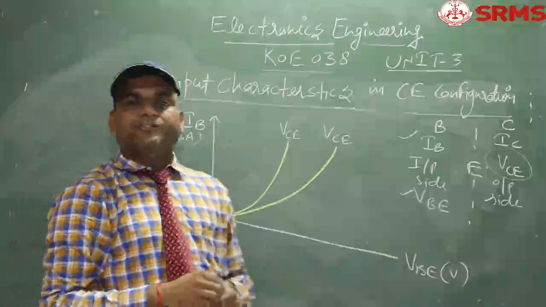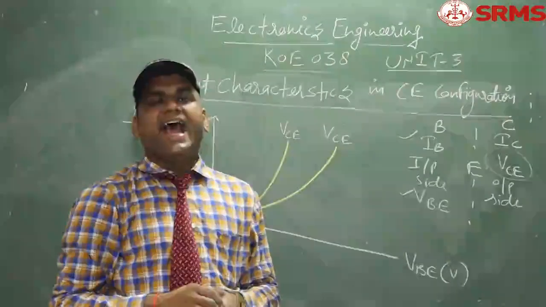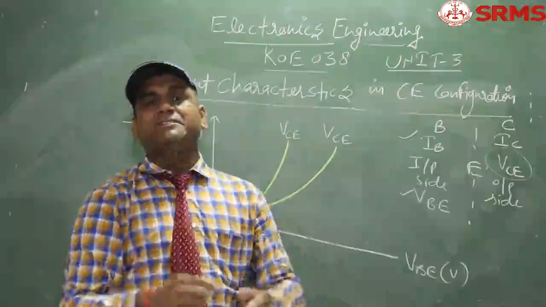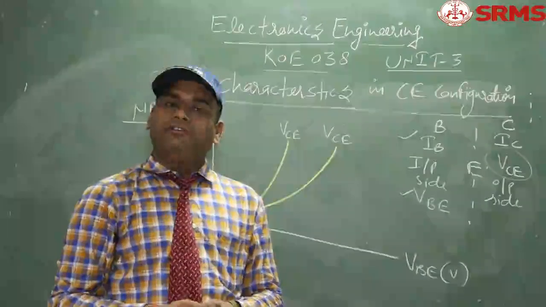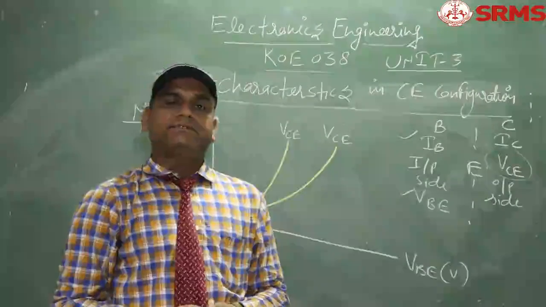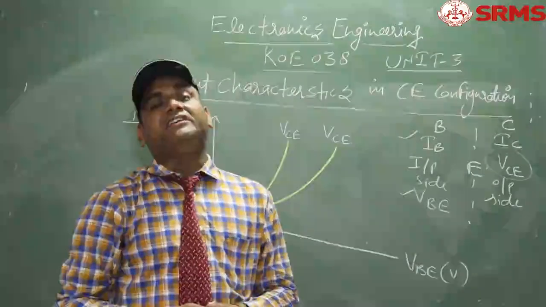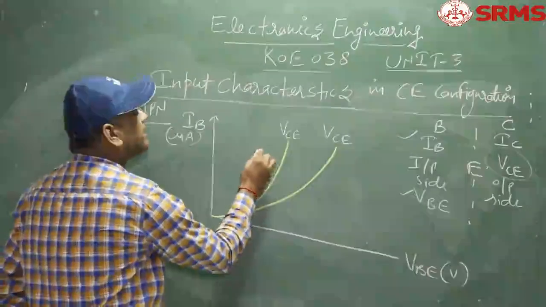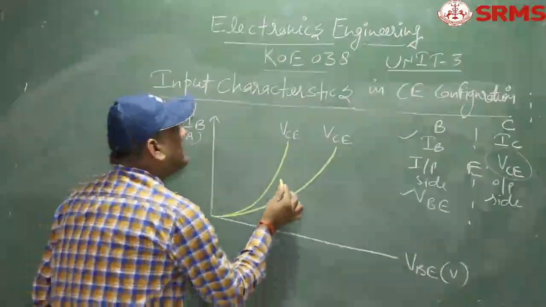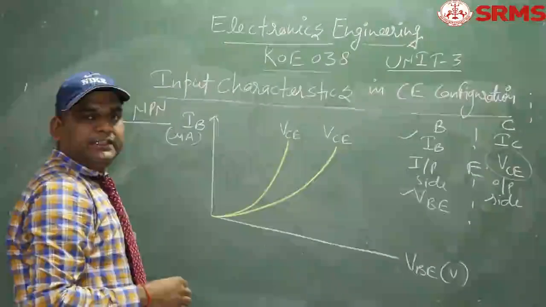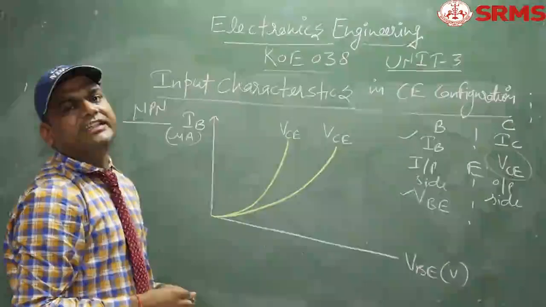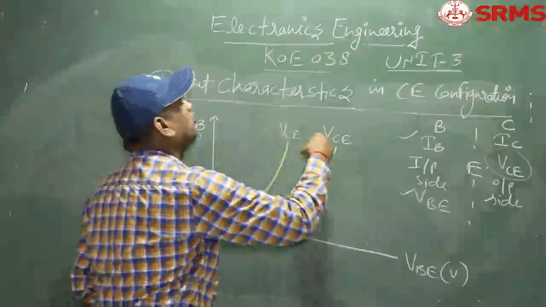The current is allowed to flow whenever the voltage applied at the input terminal, that means base terminal, is greater than 0.7 volt for the silicon transistor. For the germanium, the voltage applied at the base terminal must be greater than 0.3 volt. So this is your input characteristic. So how the current is going to change depending upon the input voltage as well as depending upon the output voltage, we will discuss.